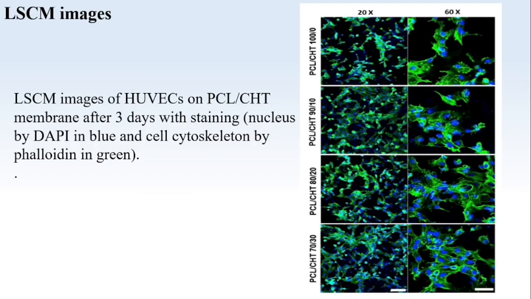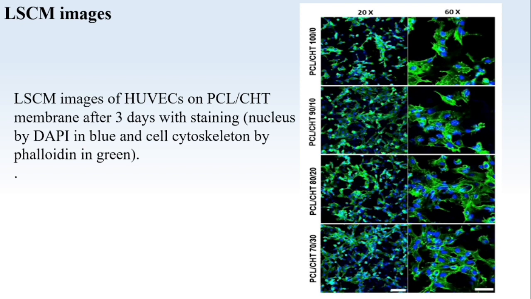Another important study for the material is the cellular compatibility. The cellular compatibility of the membranes was assessed using HUVEC. After 3 days, confocal images show high cell adhesion on all membranes, with PCL chitosan membranes exhibiting even higher cell interaction and forming almost confluent monolayers within 3 days.